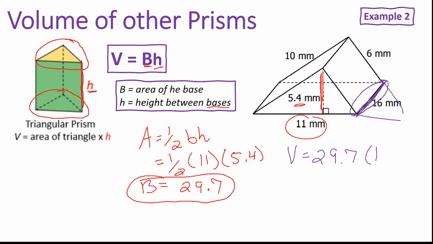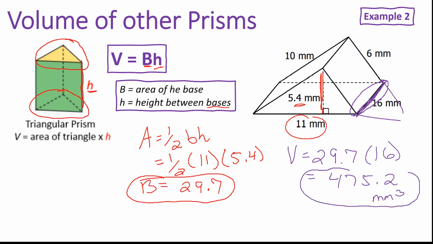Make sure you're using the correct dimension for your height, and that will give me 475.2 millimeters cubed. If you notice, we did not even use the 6, and so sometimes you're given extra information that you don't need. So find the area of your base, get that, and then the height is in between your two bases there. So we have found the volume of this prism.